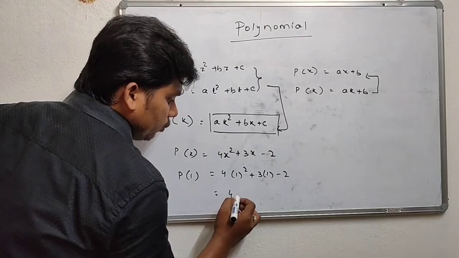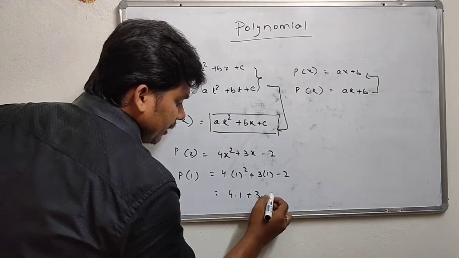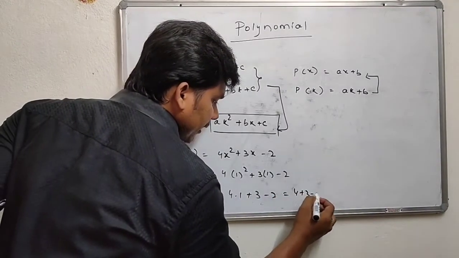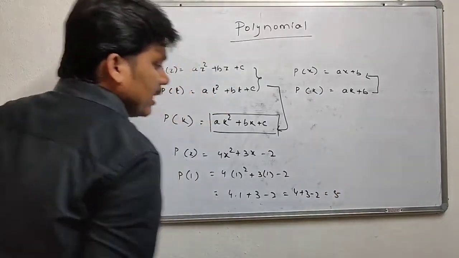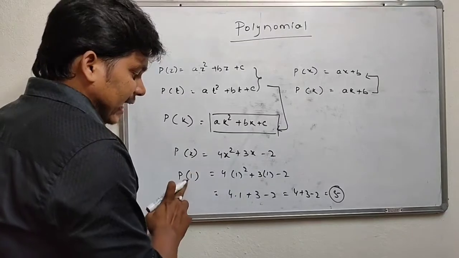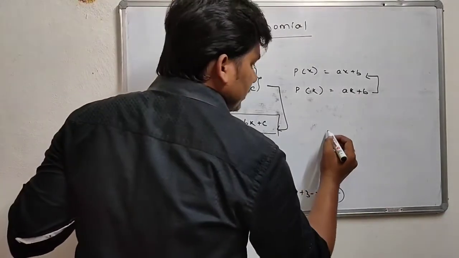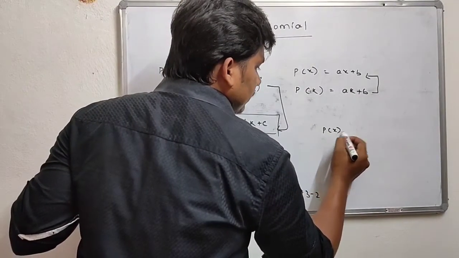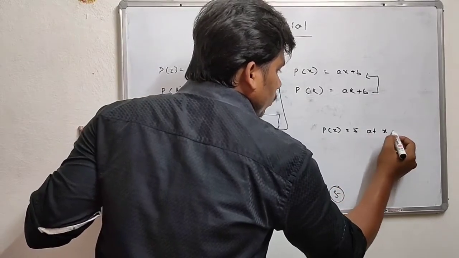Then this will be 4 into 1 plus 3 minus 2. This will be 4 plus 3 minus 2. This will be 5. Then this 5 is the value of p of x at x equal to 1.